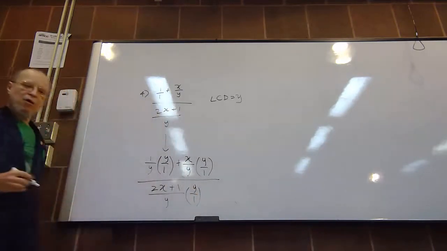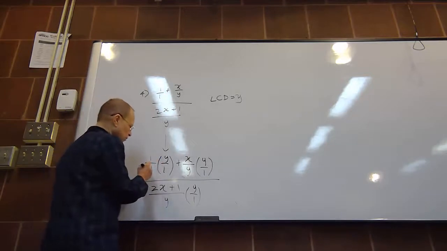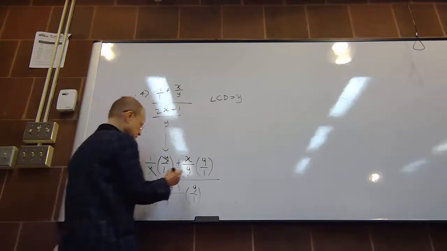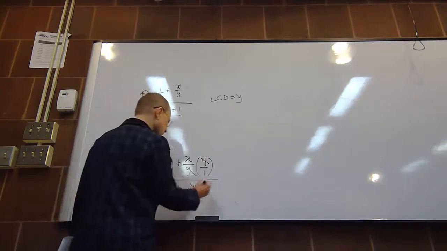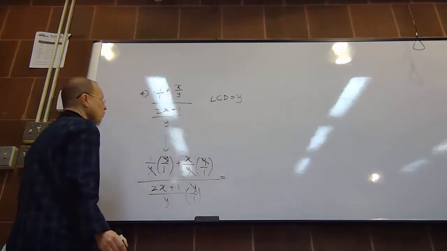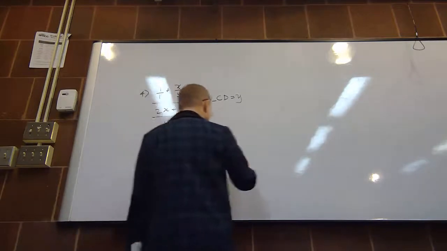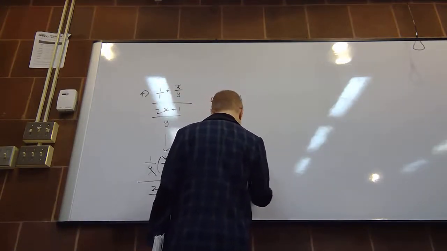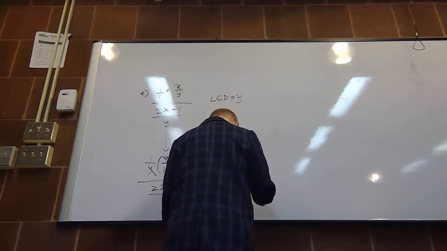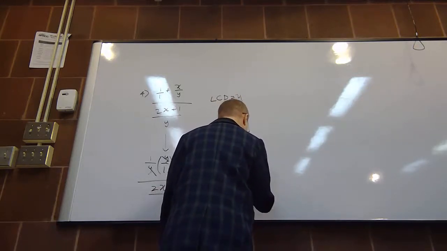So now I'm going to simplify. Well, the y's cancel out, the y's cancel out, the y's cancel out. So what am I left with? I am left with 1 plus x divided by 2x plus 1.